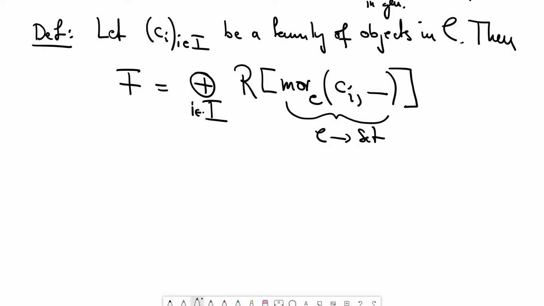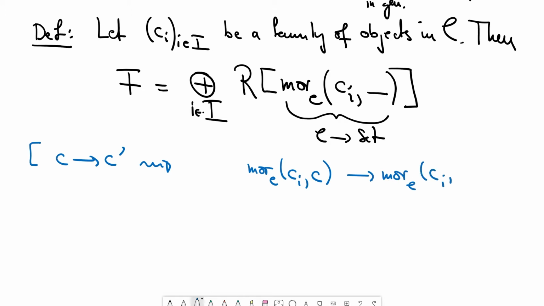So if you have a morphism from C to C prime in C, then this induces a map from morphisms from Ci to C to the morphisms from Ci to C prime just by composition.